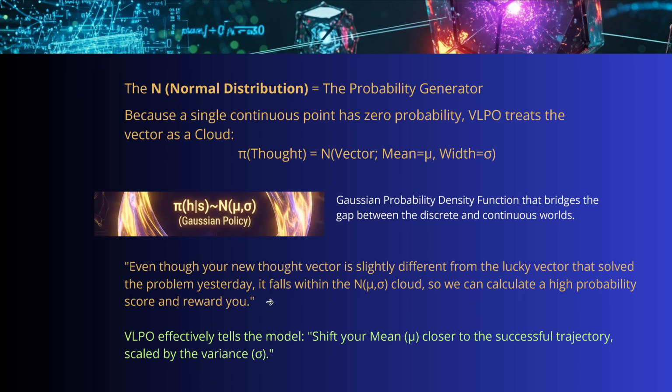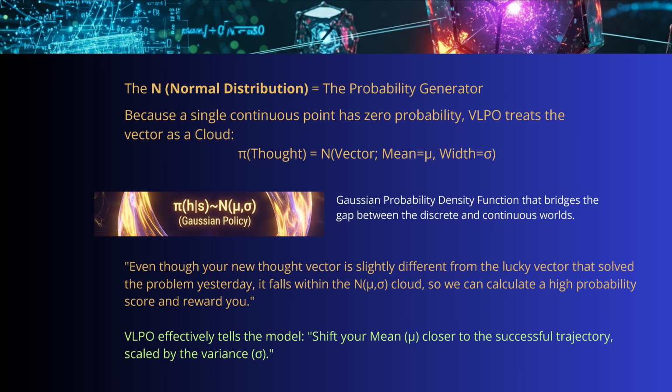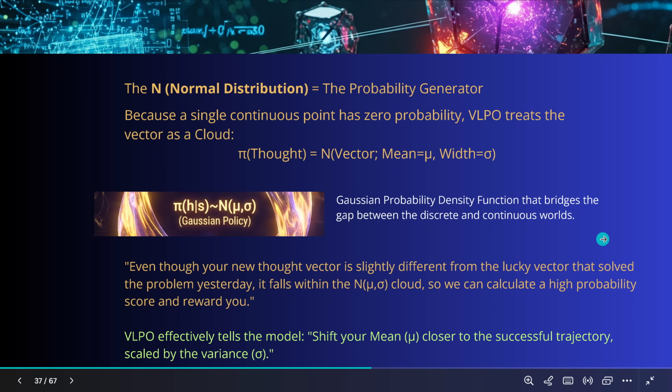So what this new policy optimization, our VLPO, tells the AI model is: shift your mean, your mu, closer to the successful trajectory, scaled by a little variance sigma. This is now the distance in the continuous fluid space of your thoughts, not of your word tokens.